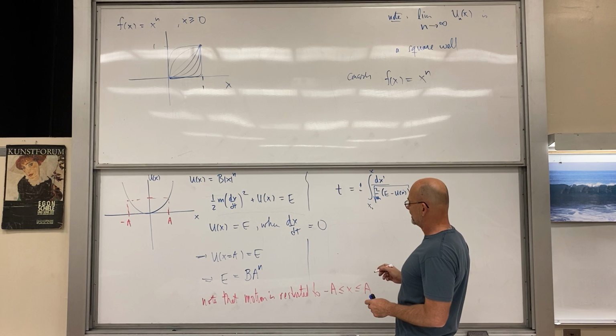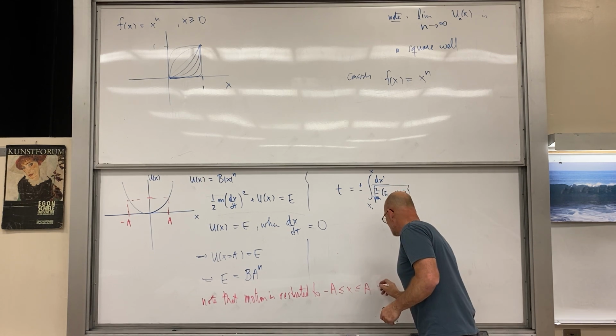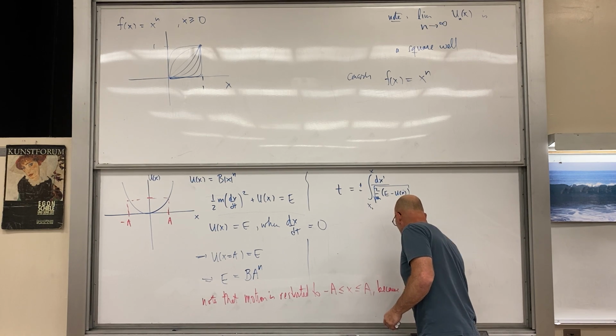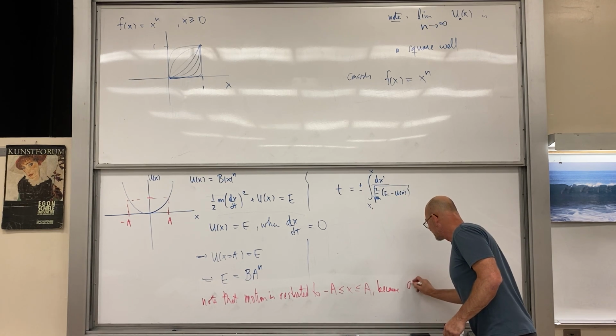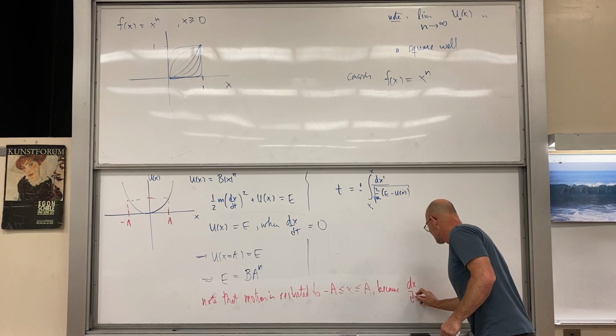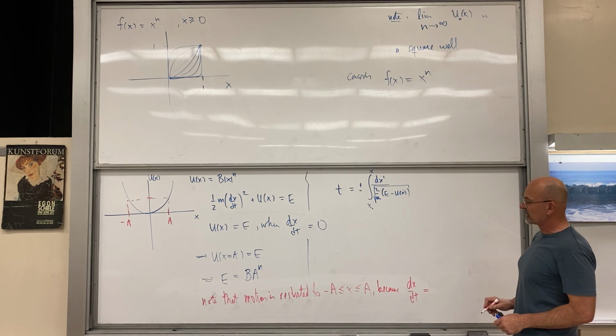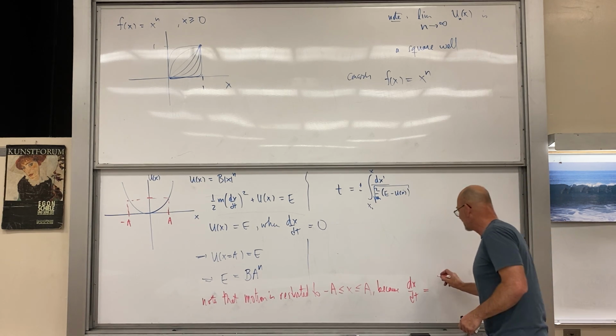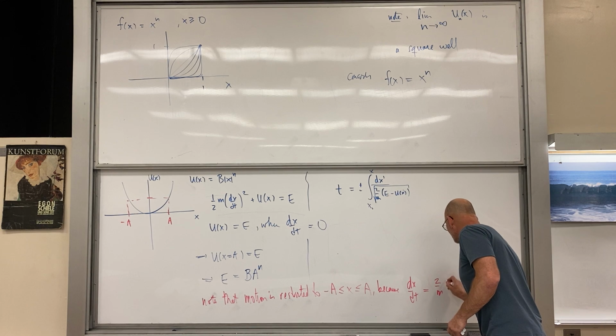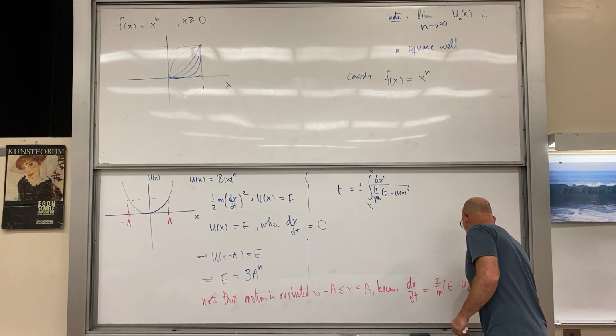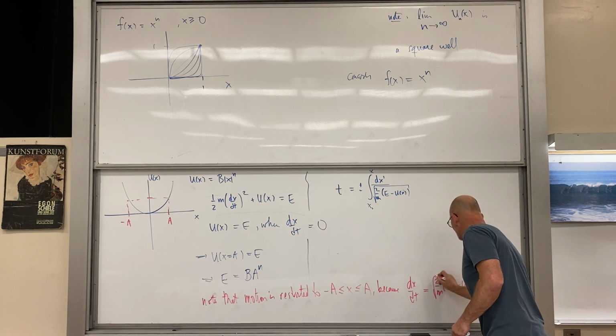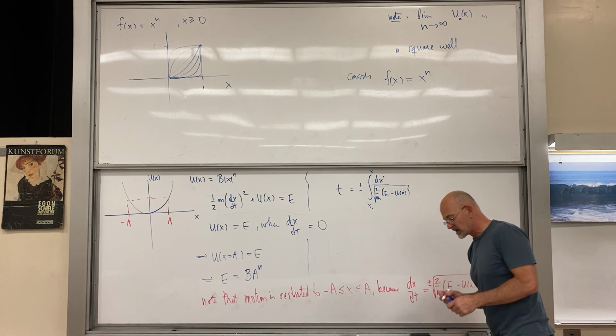In fact, because dx dt, let's put that expression up here again, dx dt is equal to square root of 2 over m (e minus u of x). It's got the plus minus here as well.